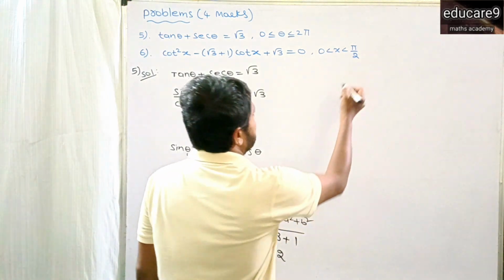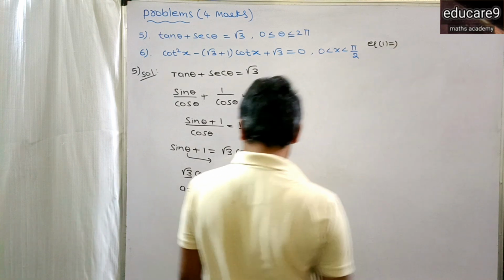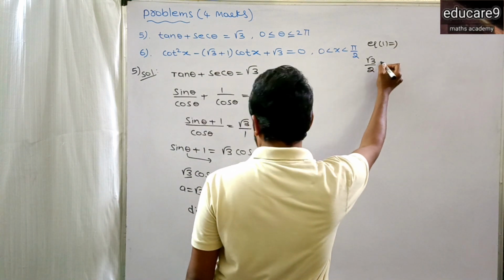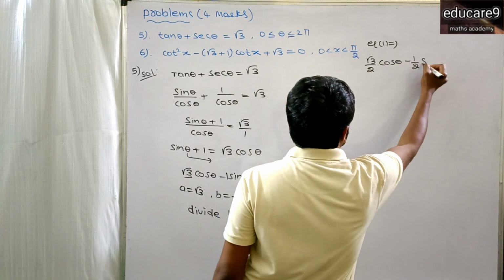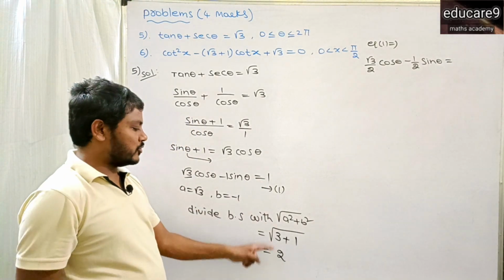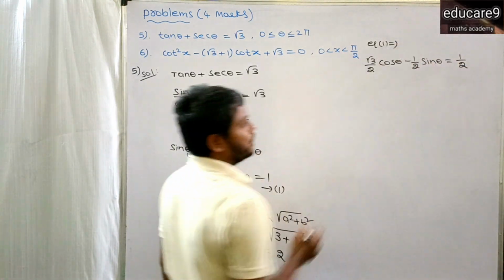So equation 1 becomes root 3 by 2 cos theta minus 1 by 2 sin theta, equals, on the right hand side also dividing by 2, 1 by 2.